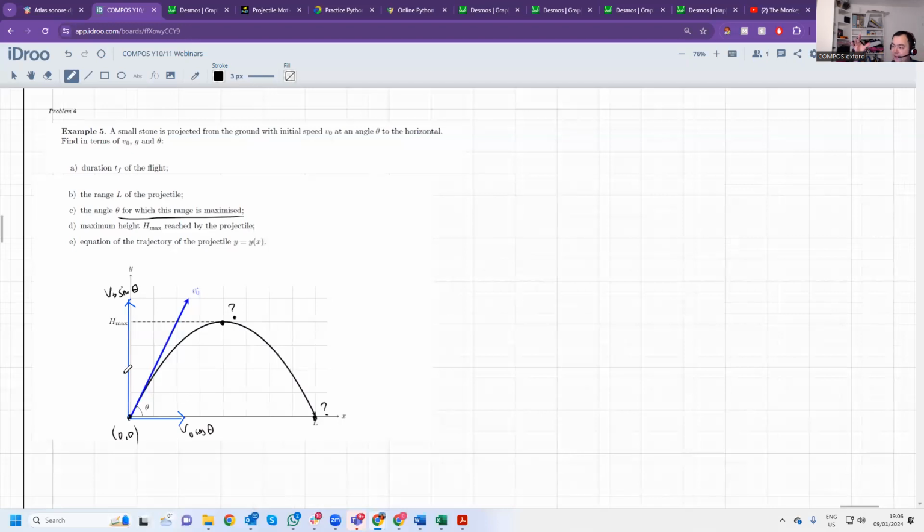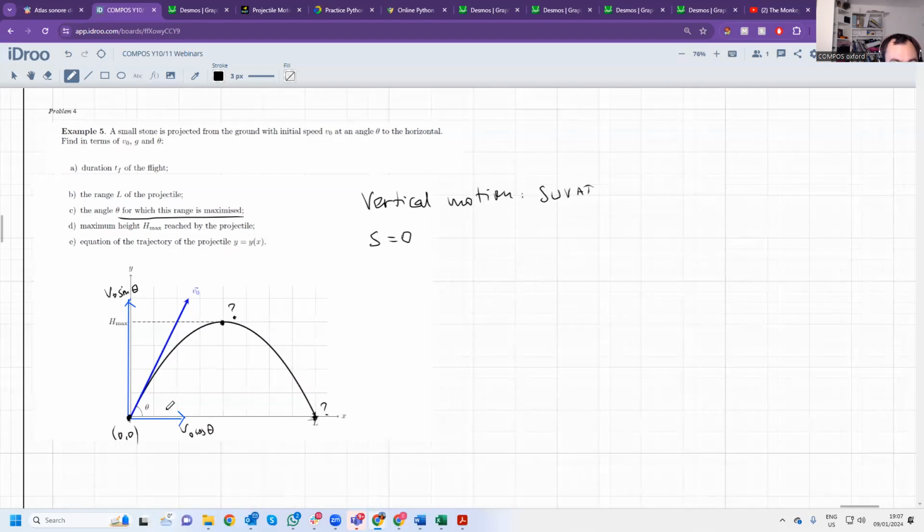We split the movement into horizontal and vertical. We say vertical motion is suvat. So for this vertical motion, we start from here, we finish here. The vertical displacement is 0 because we haven't moved up or down.